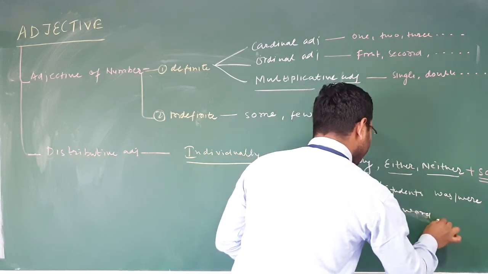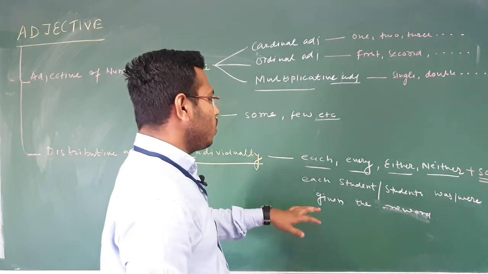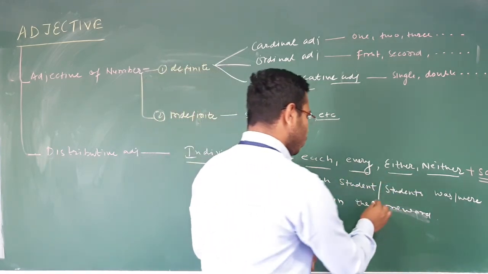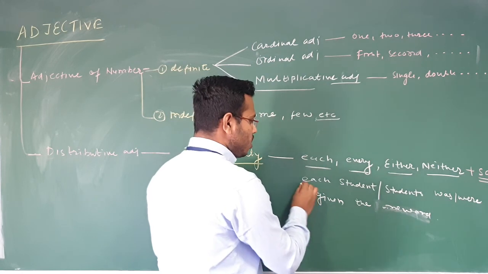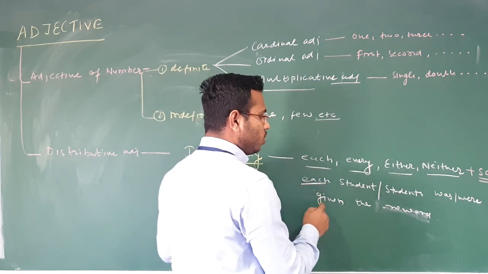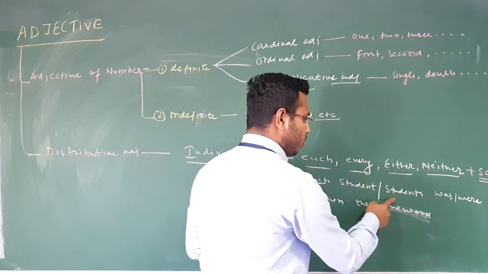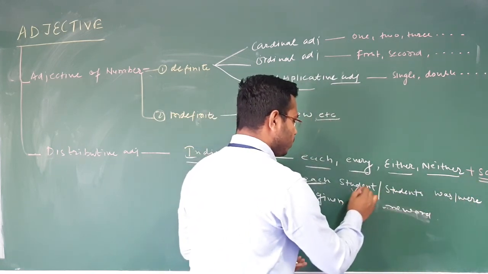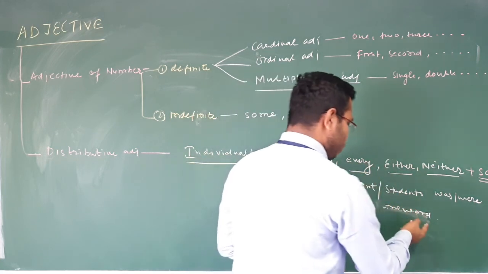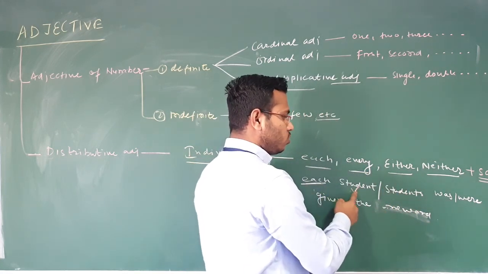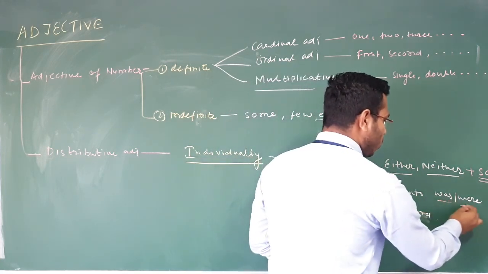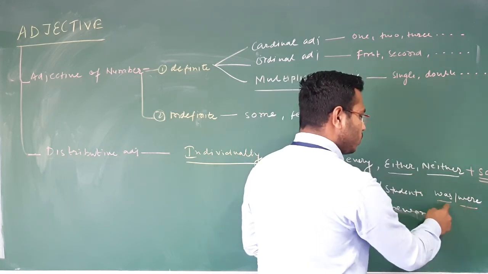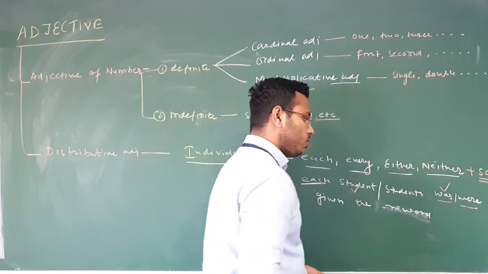Okay, so basically we are making a sentence. Each student was or were given the reward. Okay, so after each, what are we supposed to take? Student or students? As I told you, singular countable nouns, so you will take student. In the same way, after each student, what will you opt? Was or were? This is a singular verb, and this is a plural verb. So we want the singular verb.